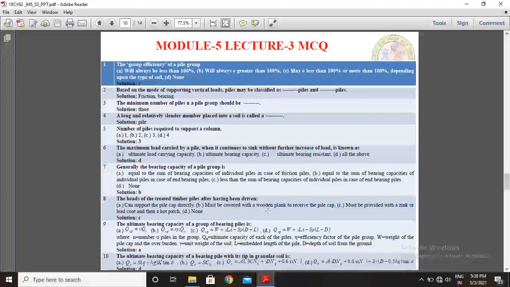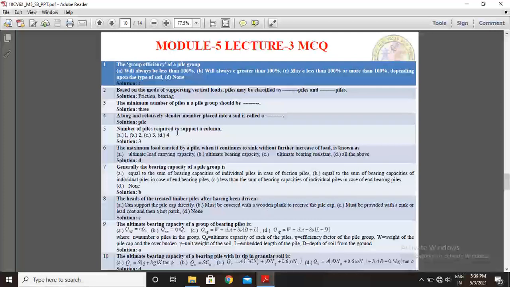So based on the above slides, to calculate pile group efficiency, there are some MCQs. A number of questions are prepared in terms of MCQ.